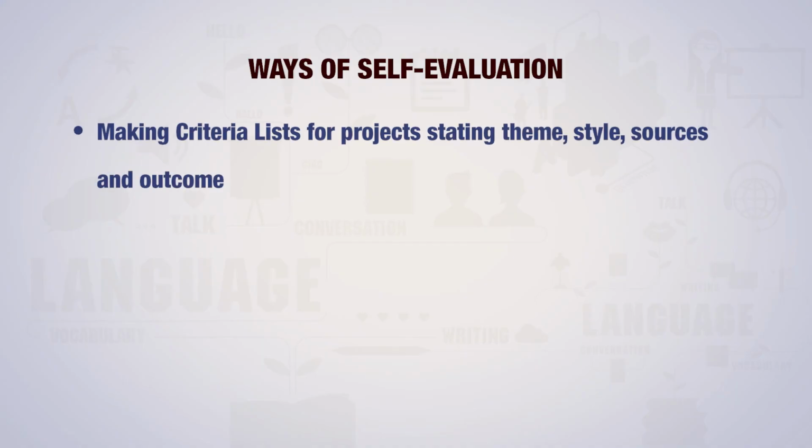They can do it by making criteria lists for projects, stating theme, style, sources, and outcomes. They can make anecdotal records about learning experiences in the classroom, stating how they felt, what they learned, and what they regard as a major takeaway, the problems they faced, the solutions they achieved, and the main areas of difficulty, if any.